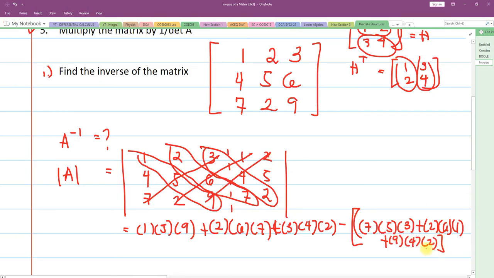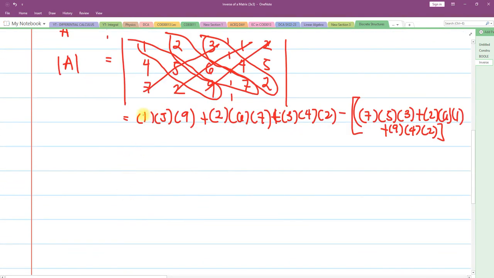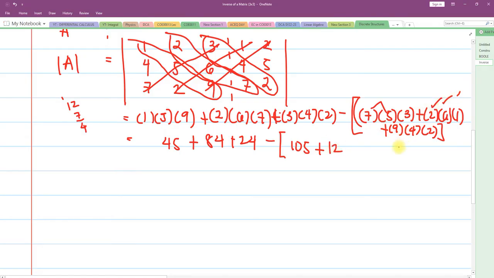Now we simplify the determinant. We have 45 here, 2 times 6 is 12 times 7 is 84 here, 3 times 4 is 12 times 2 is 24, minus, of course, 7 times 5 is 35 times 3, that's 105, plus 12, and then 9 times 4 is 36 times 2, that's 72.